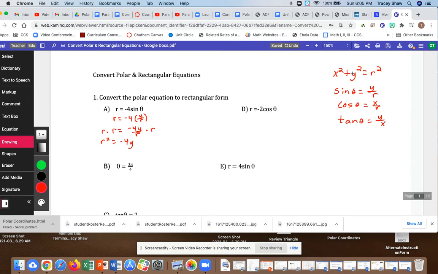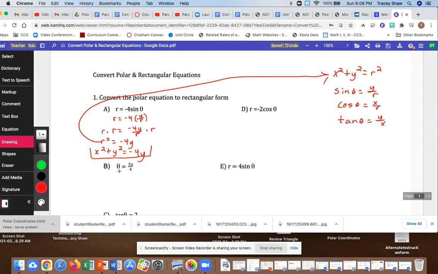R squared is x squared plus y squared, so I'm using this fact over here. So I'm going to replace r squared with x squared plus y squared. And I'm done, guys. To switch polar to rectangular, you have to eliminate the r and the theta and get an x and a y, or a version of an x and a y, and I've done that.